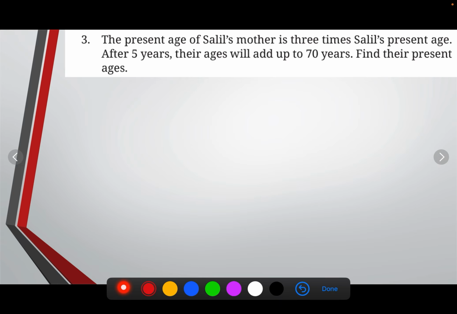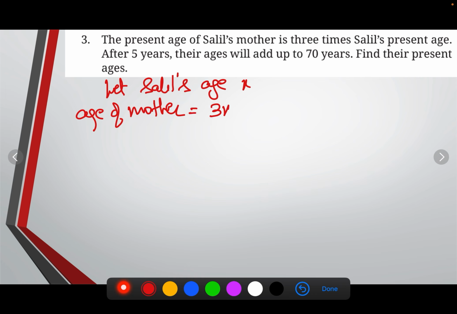The present age of Salil's mother is 3 times Salil's present age. So what I'll do is I'll take let Salil's age be x. So what would be the age of mother? It is 3 times Salil's age, 3x. After 5 years, what will be the age?